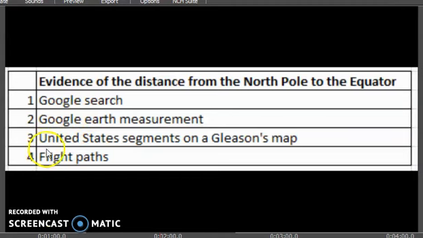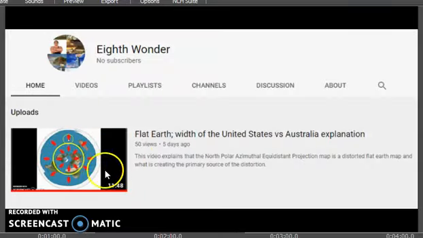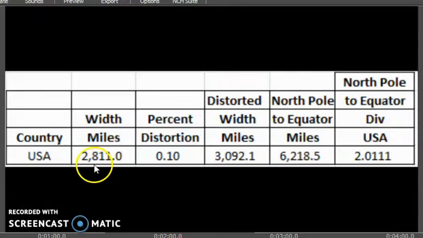Third piece of evidence is the United States segments on a Gleason's map. So in my video, Flat Earth, Width of the United States versus Australia explanation, I demonstrated that the east-west USA, or all land masses, have an east-west distortion. So the width of the United States is 2,811 miles.